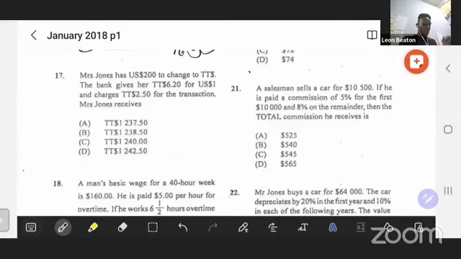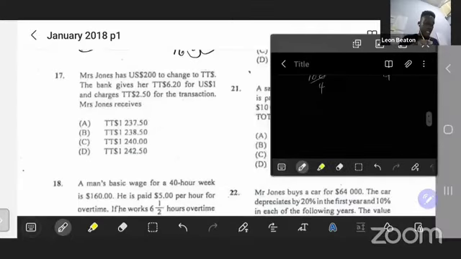So Mrs. Jones received... we see we're changing this 200 US into TT. She has 200 US, and to convert it into TT, the exchange rate is 1 US equal to $6.20.